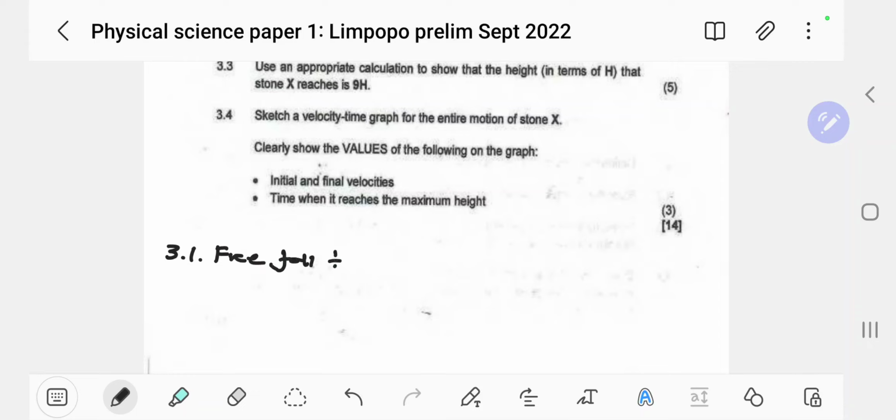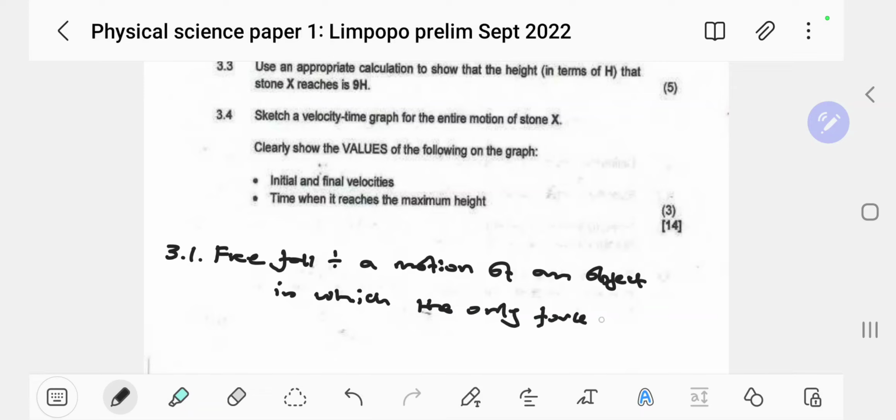A free fall, what is a free fall? Well, we can just say it's a motion of an object in which the only force acting is gravitational force.